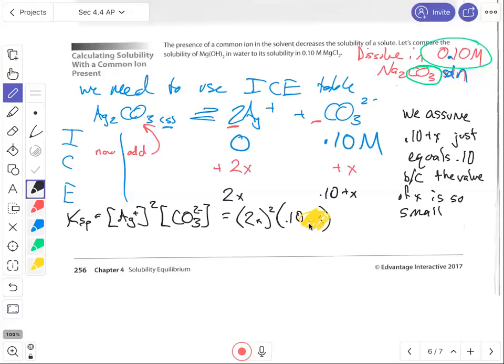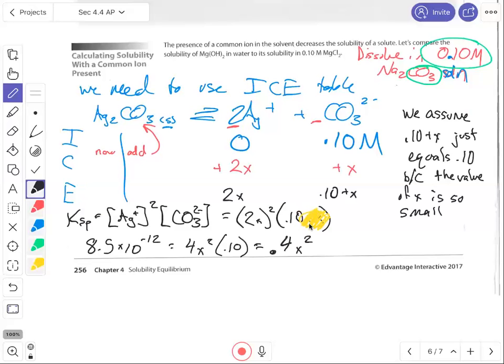So the KSP value here is 8.5 times 10 to the negative 12. All right. And that's going to equal this 2x squared becomes what? 4x squared. 4x squared times a 0.10, which means it becomes 0.4x squared.